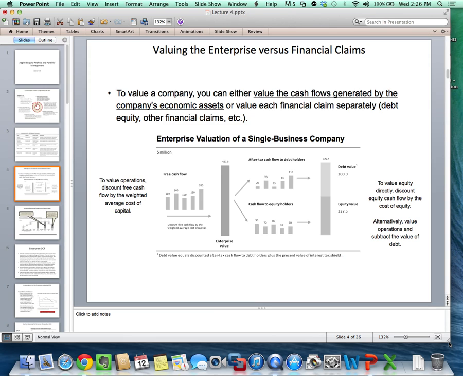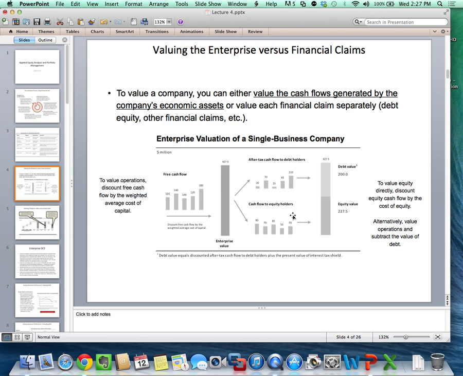So, visual representation of enterprise DCF. Again, one of the things we're going to do is forecast the free cash flows of the business. And when we discount and sum them up, that's going to get us something called the enterprise value of the business. And assuming the company has no non-operating assets, that's the cash flow that pays off the debt holders and the shareholders.